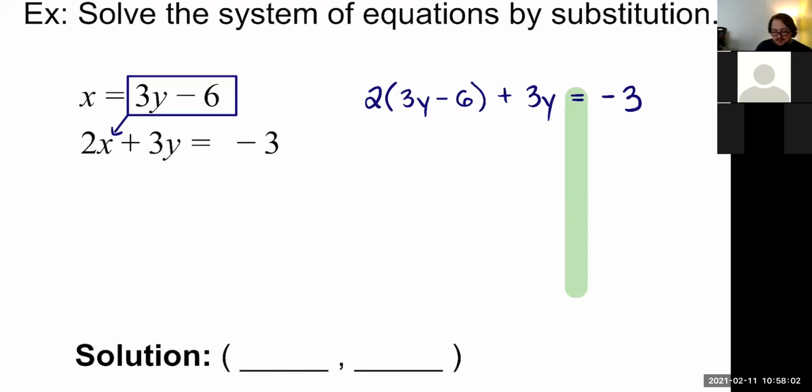So in essence, what I have done is I wrote the second equation, 2x, which is this big mess now, plus 3y equals negative 3.